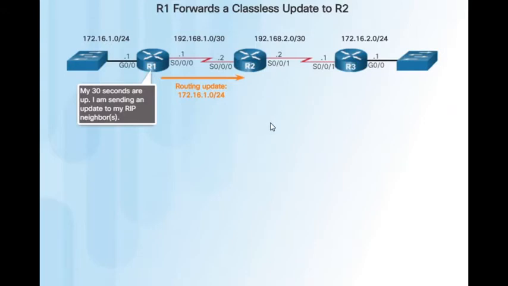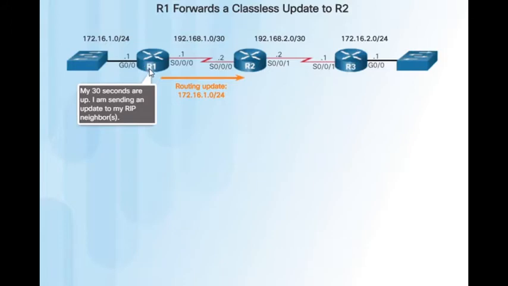Okay, so let's take a look at the same scenario, but this time we're going to run classless updates. So this one is a discontiguous network design. As you can see, we have different types of network addresses. Let's say we're going to run RIP version 2. Again, RIP version 2 is a classless type of routing protocol.